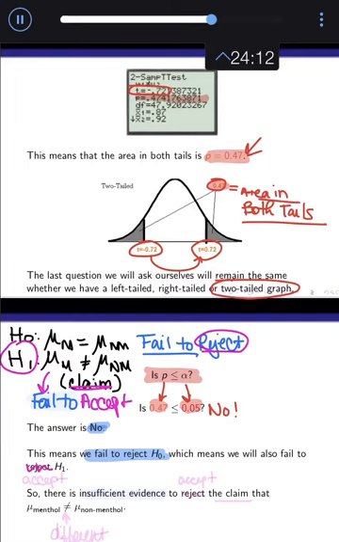We're going to fail to accept H1. So remember, because we're failing to do something, that means that there is insufficient evidence to do what? We were failing to accept the claim. What was the claim? It was the claim that they were not equal, or remember that not equal to means that we were claiming that they were different. So there's insufficient evidence to accept that claim. And that's all we needed.